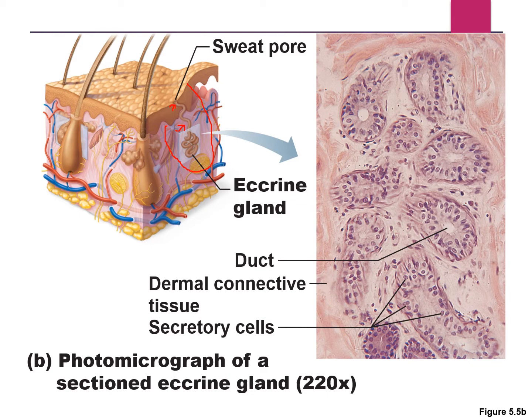In a histological slide, an eccrine sweat gland basically looks like a series of tubules, like these, that are embedded in dense, irregular connective tissue. That's the primary tissue type of the dermis.